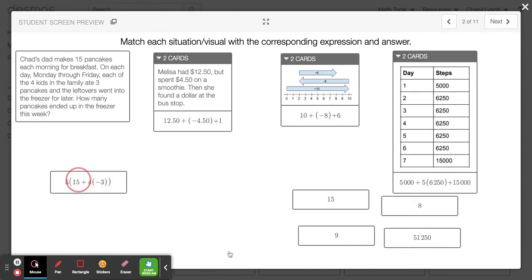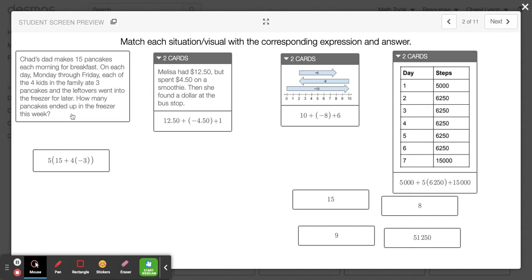And then finally, I assume this one goes over here, but let's just check. Chad's dad makes 15 pancakes each morning for breakfast. On each day, Monday through Friday, okay, so that's 5 days, each of the 4 kids in the family ate 3 pancakes, and the leftovers went into the freezer for later. How many pancakes ended up in the freezer?